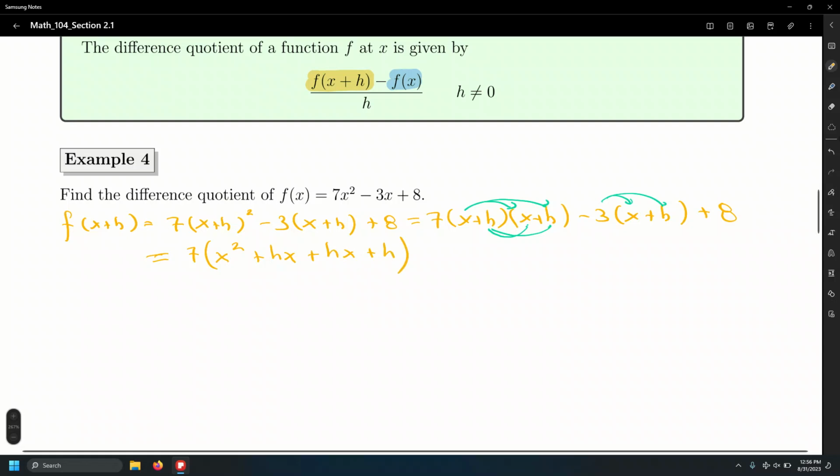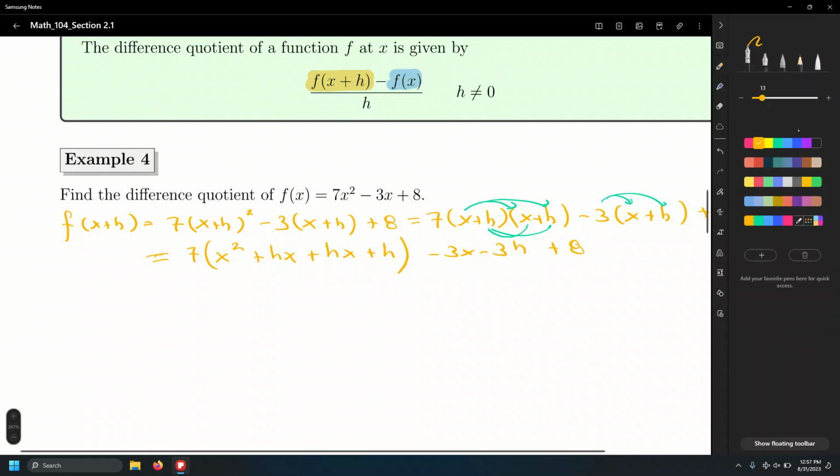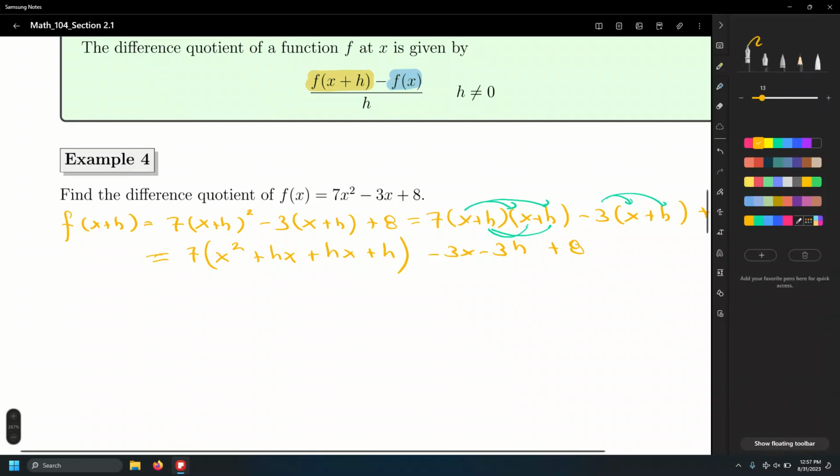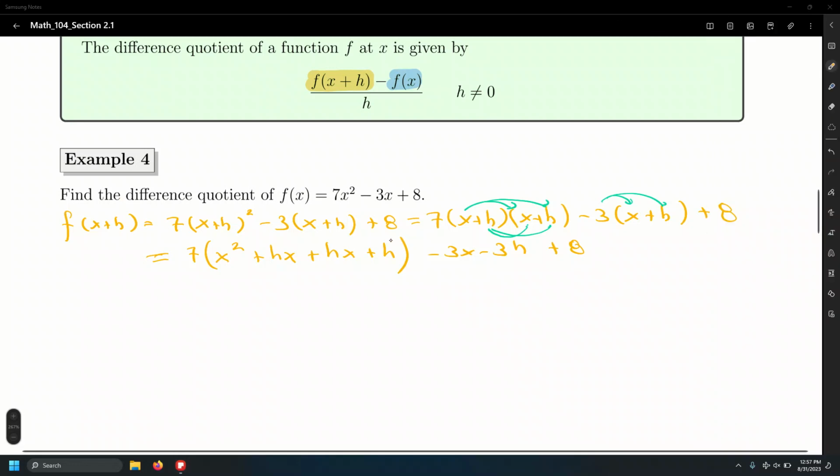All right? And then over here, when we distribute the negative 3, that's going to give us a negative 3x minus 3h plus 8. And we're almost there for only the f of x plus h. It should be h squared, that's correct. Thank you.